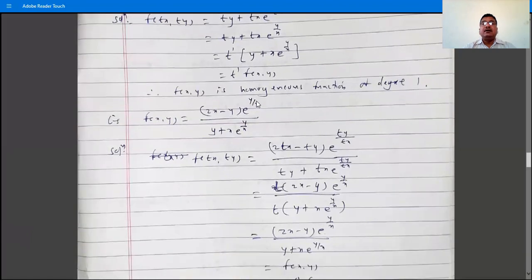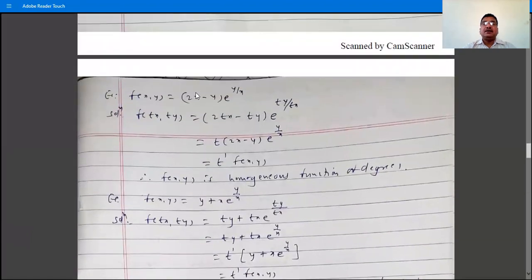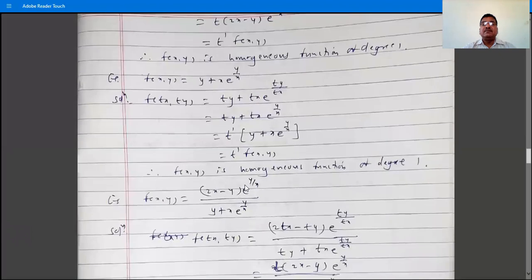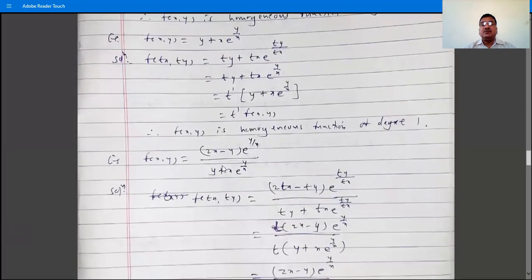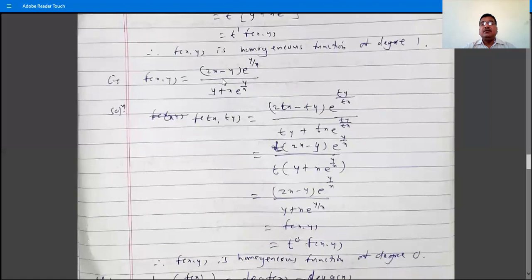So if you take the division of this, 2x minus y e raised to y by x, divided by y plus x e raised to y by x, then this numerator is a homogeneous function of degree 1, the denominator is a homogeneous function of degree 1, and the degree of this whole function is 1 minus 1. So we will check independently, that is, f of tx, ty is equal to, replace x and y by tx and ty.